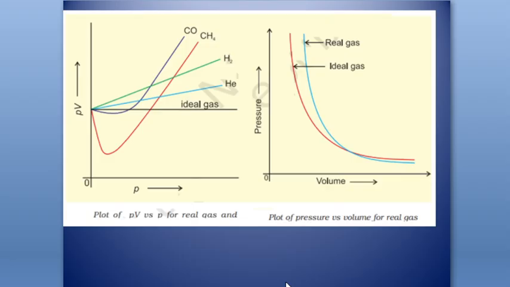It behaves in a different way. Here is a sharp dip at the initiation of this curve for carbon monoxide and methane, and there is a sharp increase in H2 and helium.